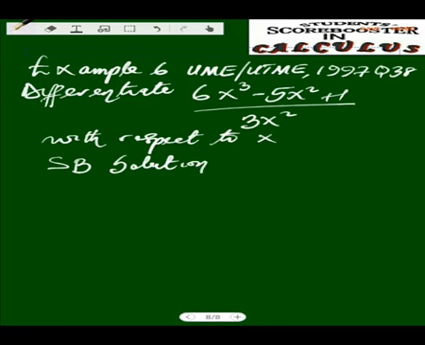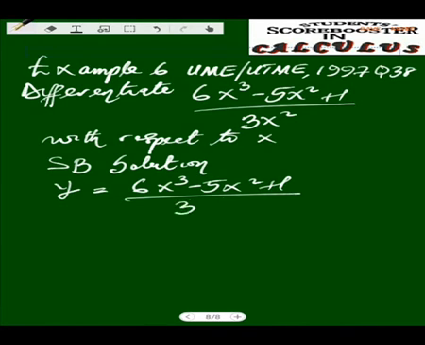So there are two different ways of solving this question, but because of what I have taught, I'm going to use one of the ways, that is just simplify this and differentiate using the polynomial method. So what I'm going to do is put this question in this form: y is equal to 6x raised to power 3 minus 5x squared plus 1 over 3x squared.